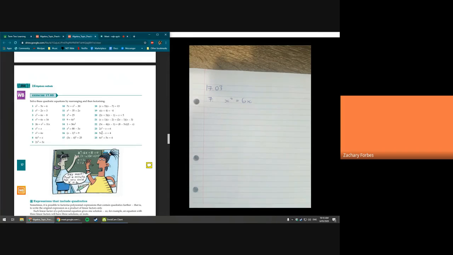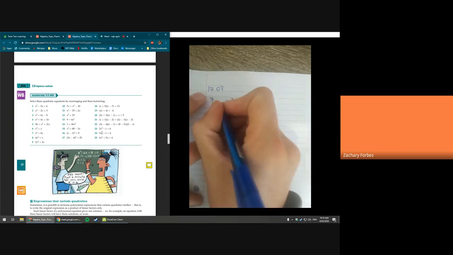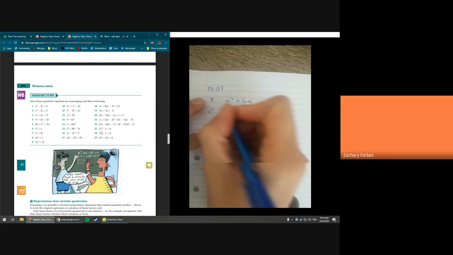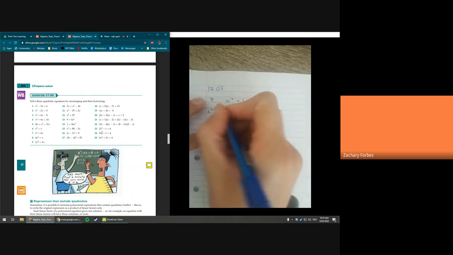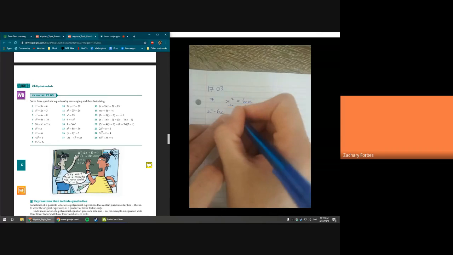So the x squared's already positive on the left-hand side, so I'm going to keep it on the left-hand side, and I'm going to write x squared, and I'm going to minus 6x from both sides. Minus 6x. And I mean, we could put a plus 0 on the end, but we don't really need to. So we've got x squared minus 6x.